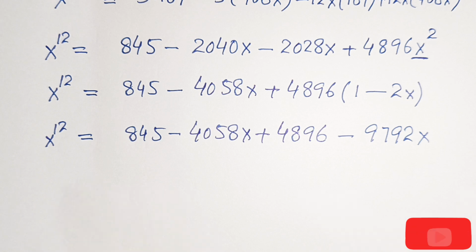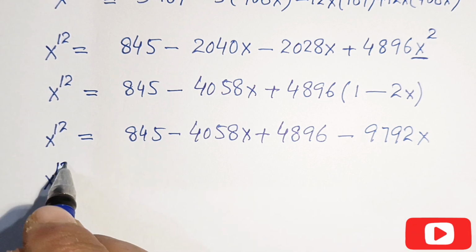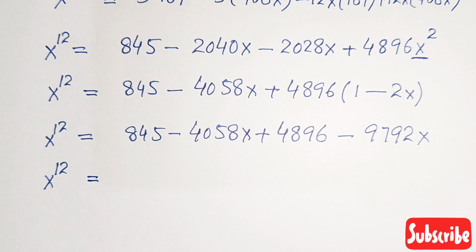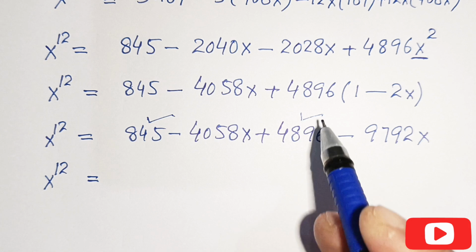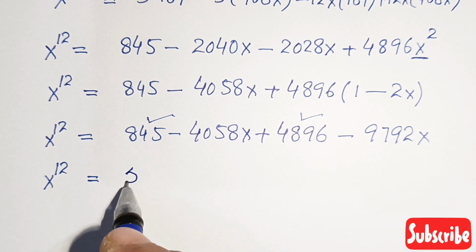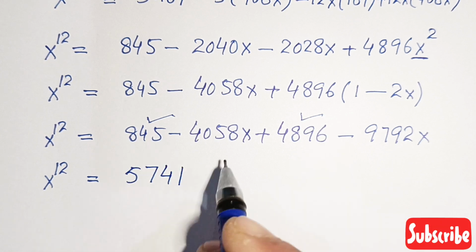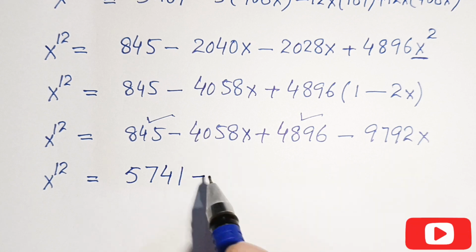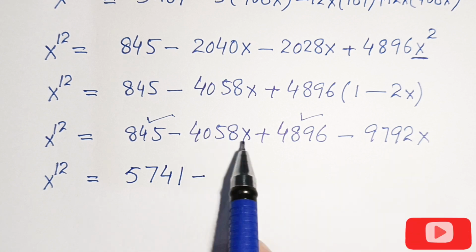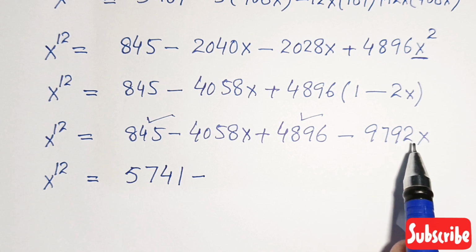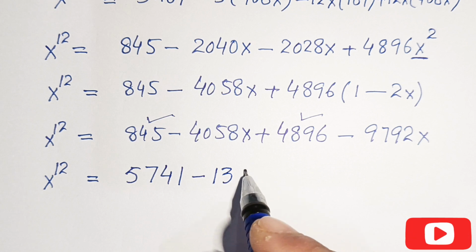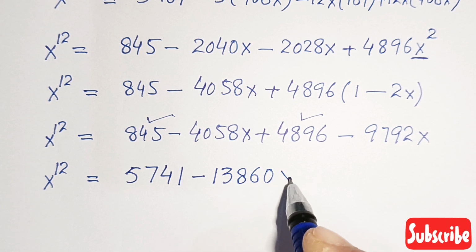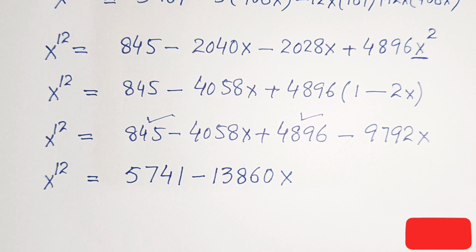Now we have to just add like terms, so we get x to the power 12 is equal to, here we have 845 plus 4896, then we get 5741, and 4058x plus 9792x, we get minus 13860x. Now here we have the value of x to the power 12.